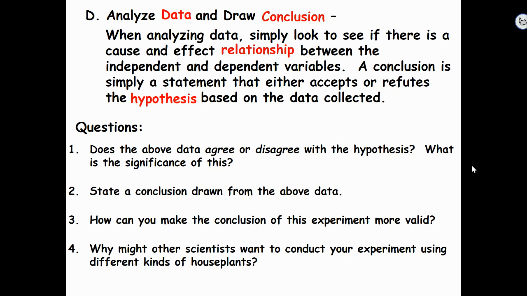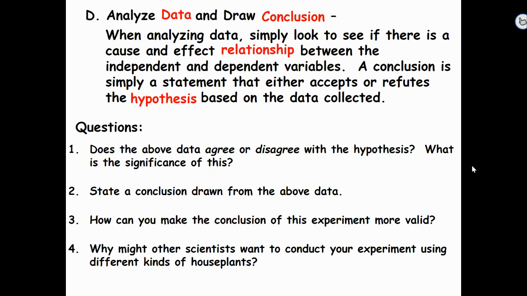And number 4, why might other scientists want to conduct your experiment using different kinds of houseplants? Well, all we did was use one houseplant. That doesn't tell me whether the fertilizer will work on this other houseplant. So once you find out it appears to work really well on this plant, all right, now I've got this other one.